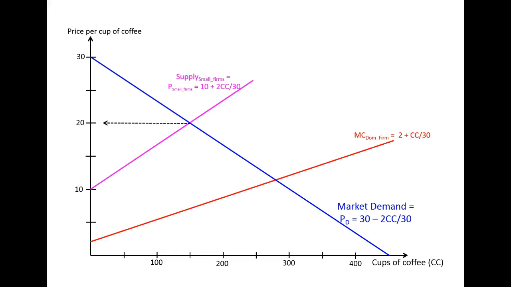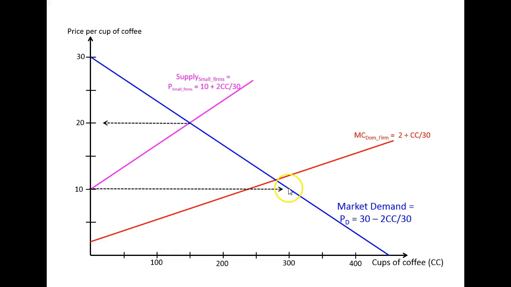That's the difference between the market demand and the small firms' supply function. And the same reasoning applies at the price 10: below 10, the small firms will not produce anything at all. So the difference between the market demand at 10 and the small firms' supply is that distance there.